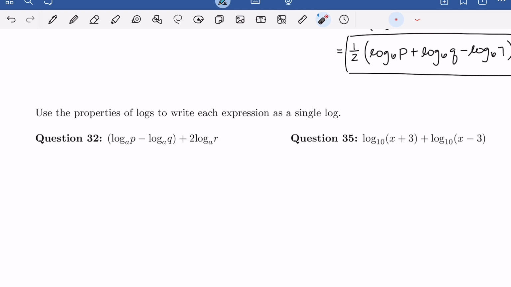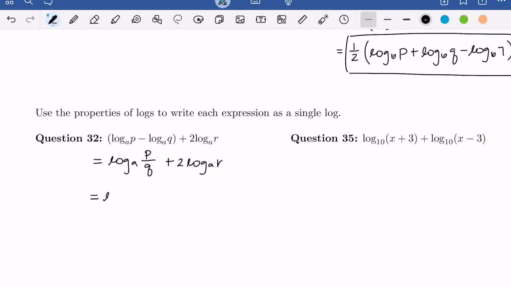First, for question 32, notice what we have inside of our parentheses. We can use our quotient rule to write this as log base a of p over q. So we can write everything inside the parentheses as this single expression, and then we still have this on the outside. Now, we can rewrite this expression using our power rule.